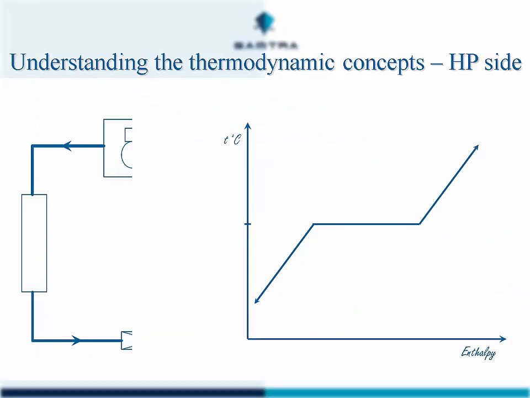Okay, so we have said that coming out of the compressor is high pressure, high temperature, superheated vapor. That's coming out of the compressor and then it's passing into the condenser. In the condenser, the refrigerant needs to condense. It does not instantly condense.